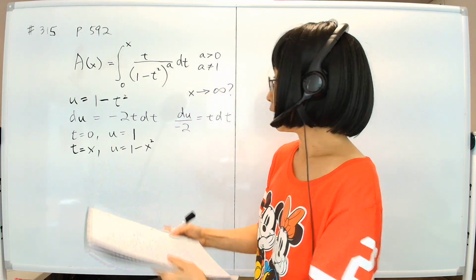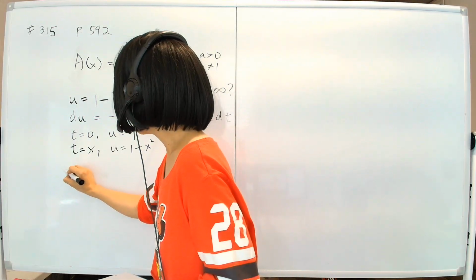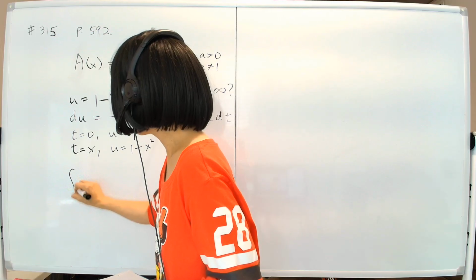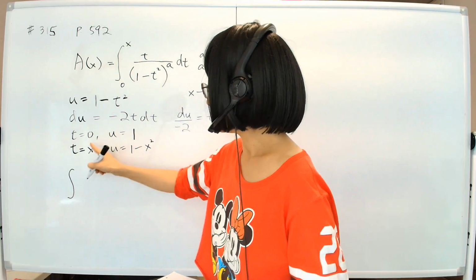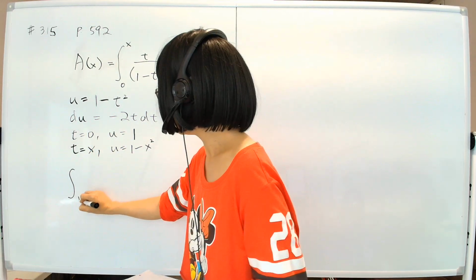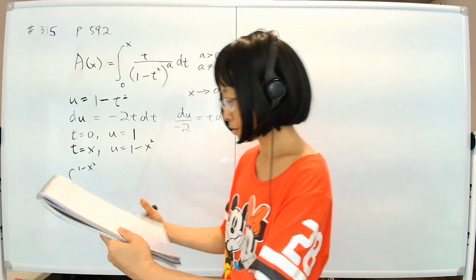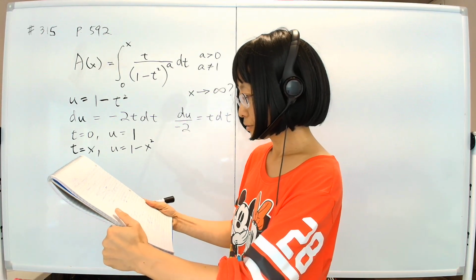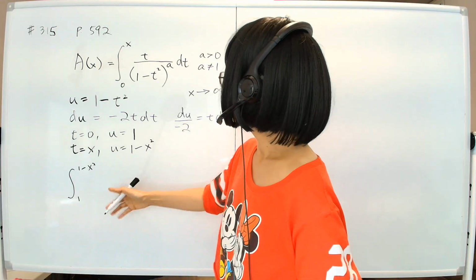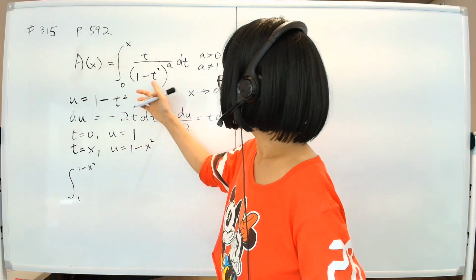Therefore, the area A(x) will be equal to the integral, where we're integrating from u equal to 1 to u equal to 1 minus x squared. And then plug everything in.